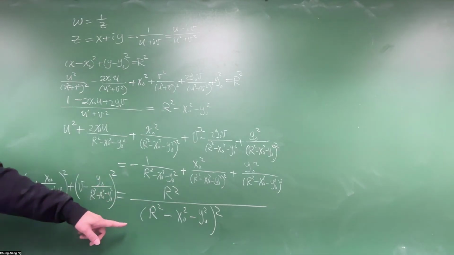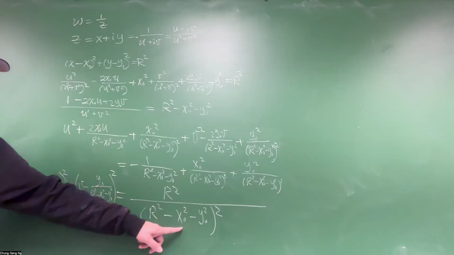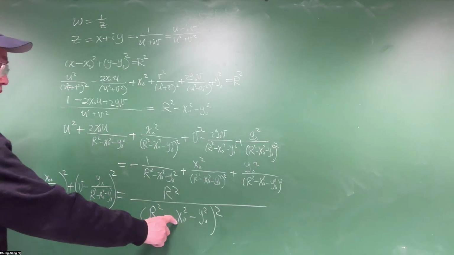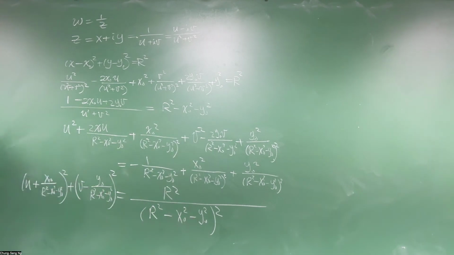What's the condition? Yeah, when the denominator is 0, right? So when R squared equals x0 squared plus y0 squared, that becomes a straight line. The circle becomes big, and any part of it is a straight line.